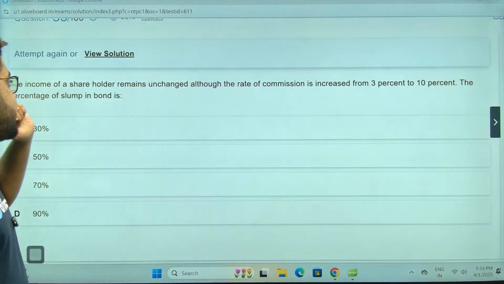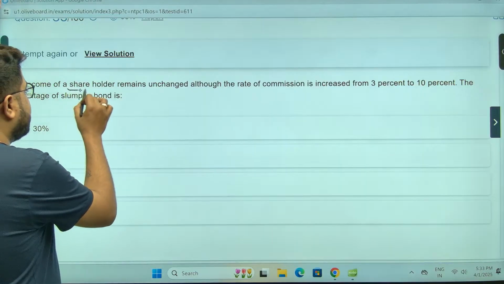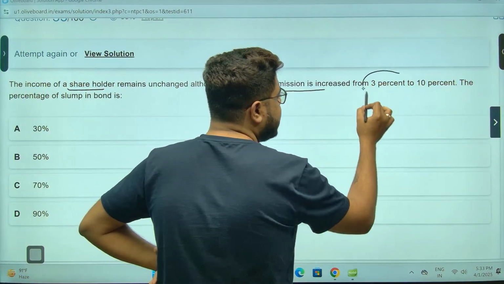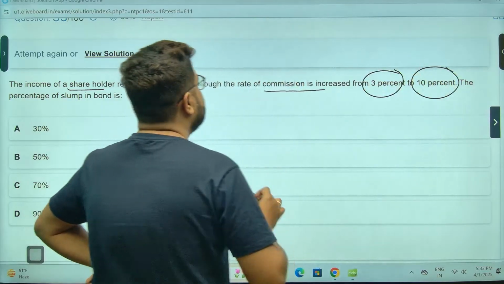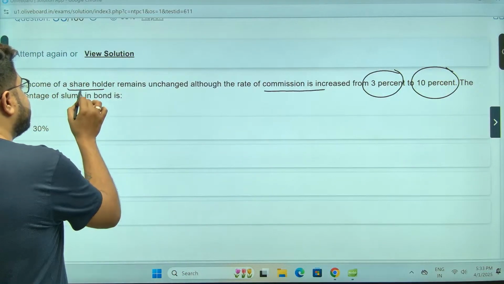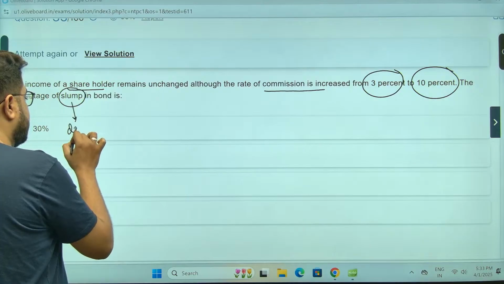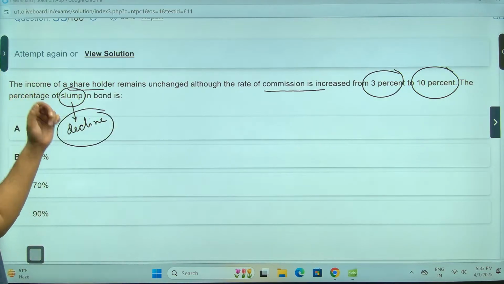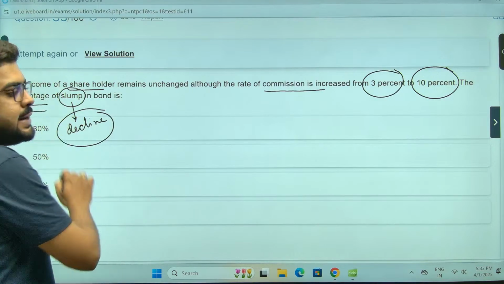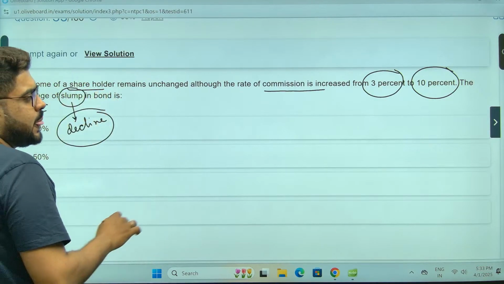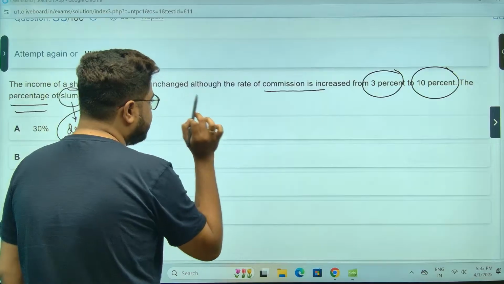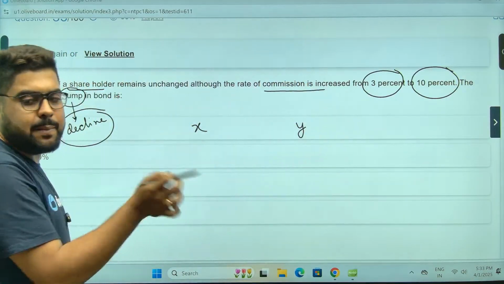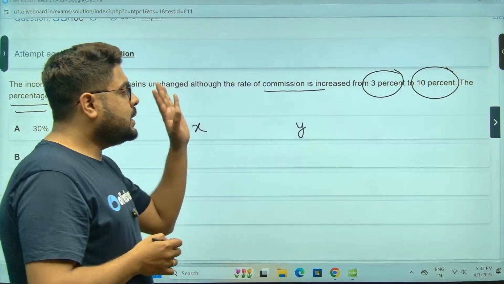So let's understand. Income of the shareholder remains unchanged. Rate of commission is increased from 3% to 10%. Now, the percentage of slump, meaning decline. How much percentage decline? It's very simple. X rupees was the share value. Now the share value is Y rupees after the slump. It was initial, it is final. Now, what is constant?